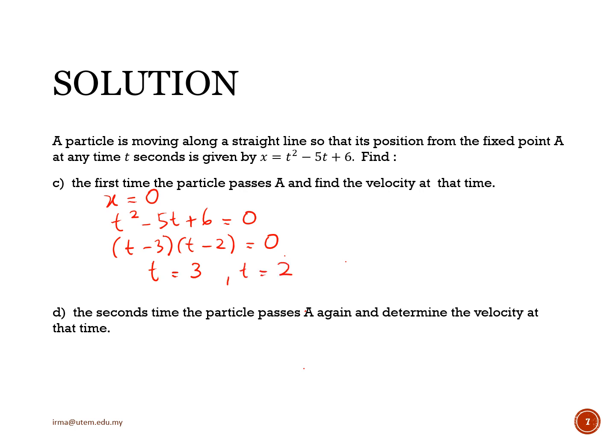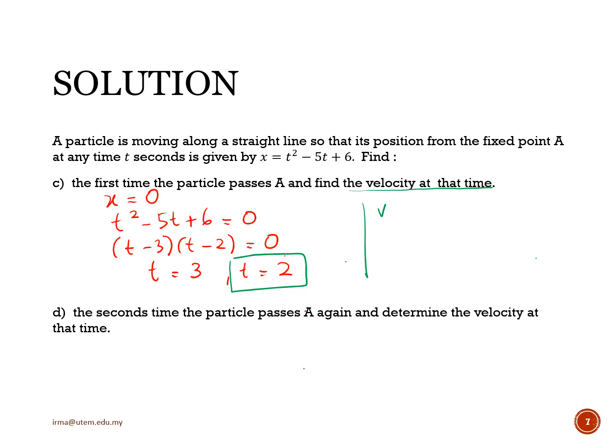So we have two values of t now. The first time we choose is t equal to 2. Then find the velocity at that time. We need to find v at t equal to 2.